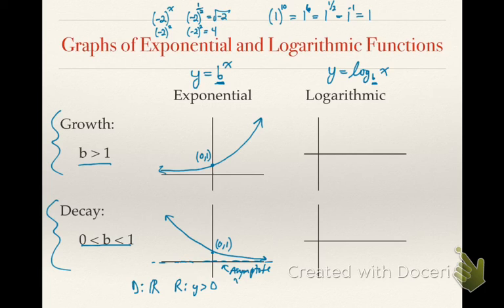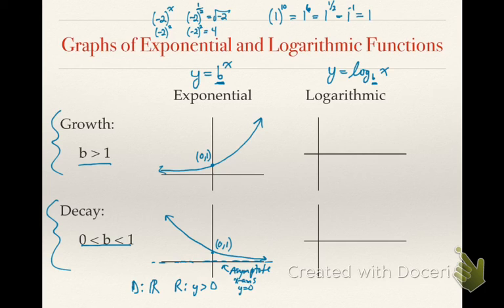And that asymptote is going to be the x-axis, sometimes referred to by the equation y equals 0. So you can put anything you want into an exponential, and you'll get an output that is positive.